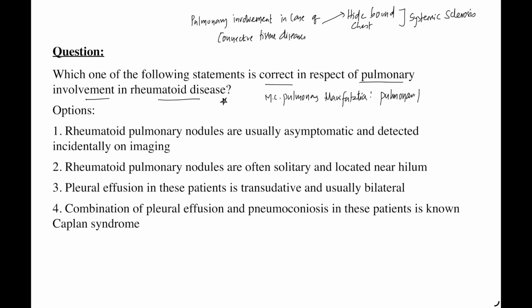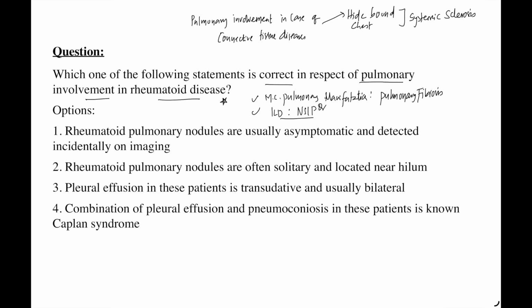So the patient will have restrictive pattern in spirometry. There is one more thing, that is if interstitial lung disease develops, the pattern is NSIP. Okay, most common pattern is NSIP. These are the two things that you need to know.